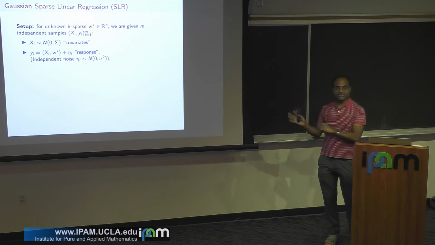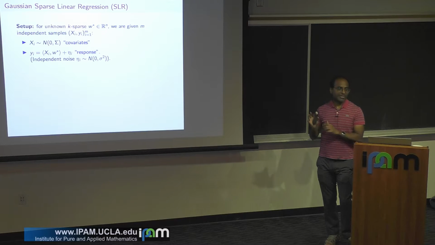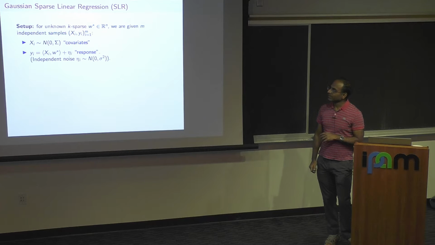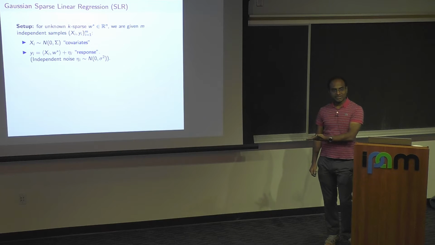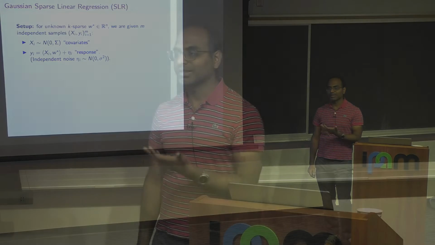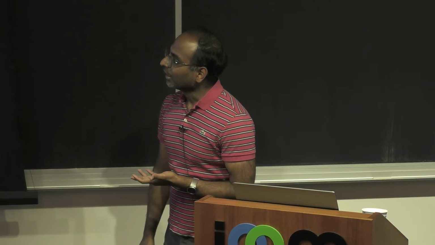It can also work in more general scenarios, but for this talk, I'll focus on the noiseless case anyway. So this is almost like a linear regression problem, but we have this additional assumption that w star is k-sparse. And our goal is to predict yi for new samples.